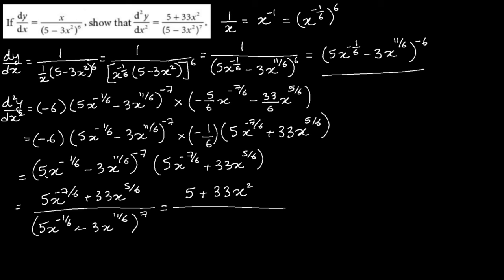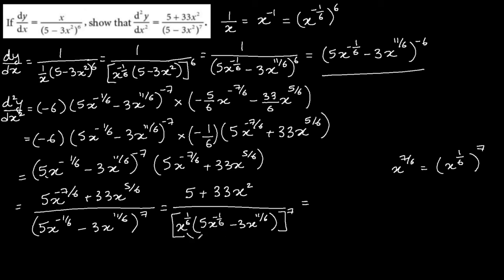Now, when we are multiplying the bottom by x to the 7 over 6, we need it in a way that it can access that. So, we're going to have to do the same thing we did here. So, x to the 7 over 6 can be written as x to the something to the 7, and that something is going to be 1 over 6. Now, because they have the same power, we could write this like we did before over here as x to the 1 over 6 multiplied by what was there in the bracket before, all to the 7.